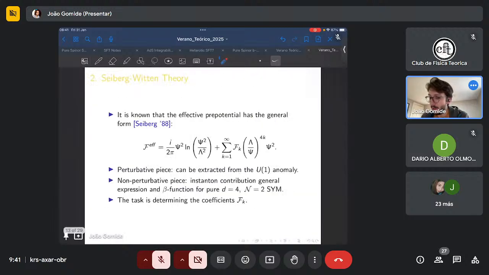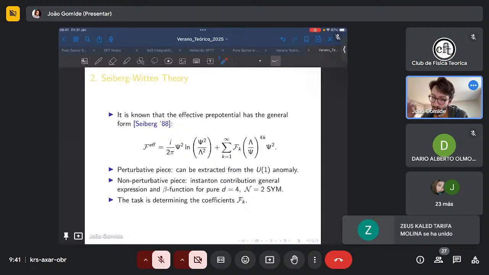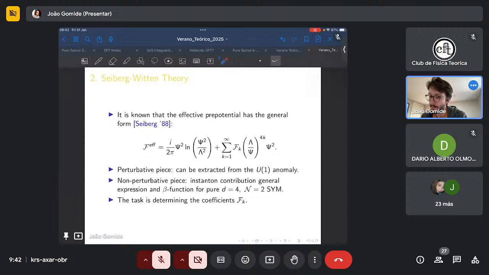Okay. Before we proceed, I just want to talk a little bit more about what we want to do with this prepotential. Of course, usually you can do perturbative calculations in quantum field theory, and you can go very far with it. Because the theory is supersymmetric, usually perturbative corrections just truncate at some point, and this is the case here.